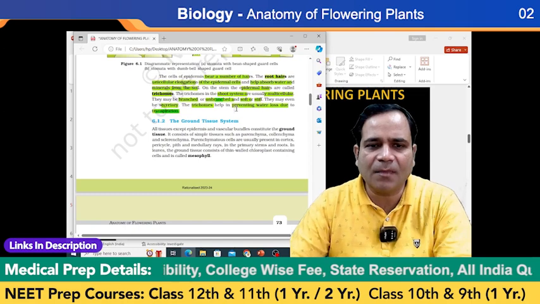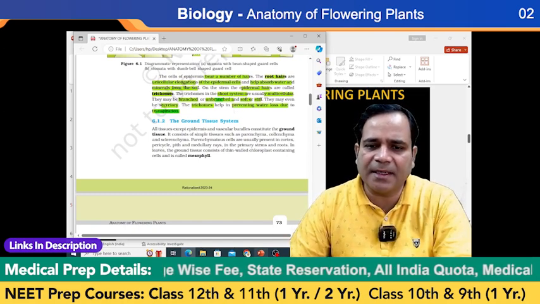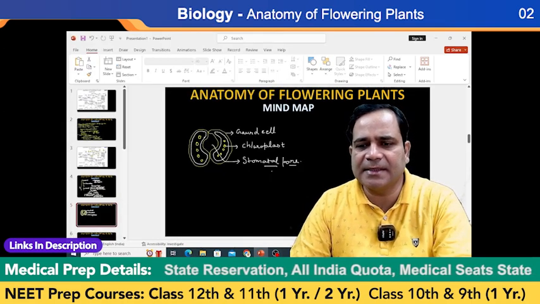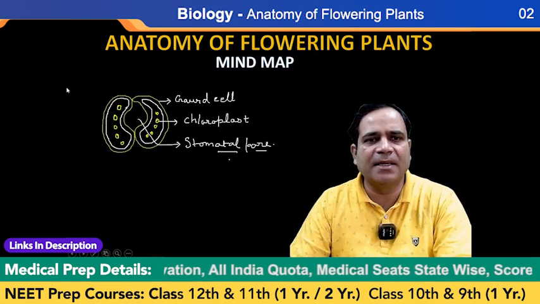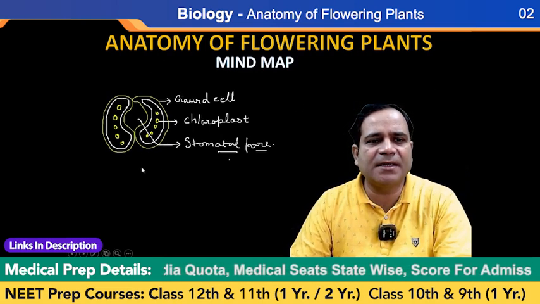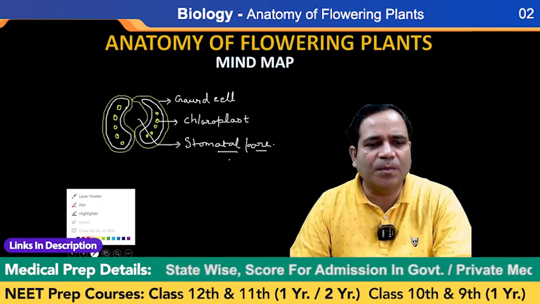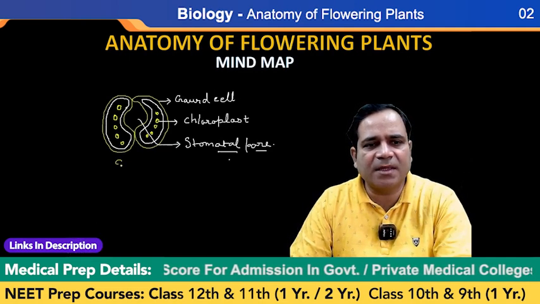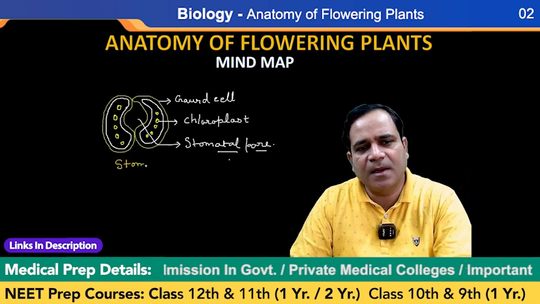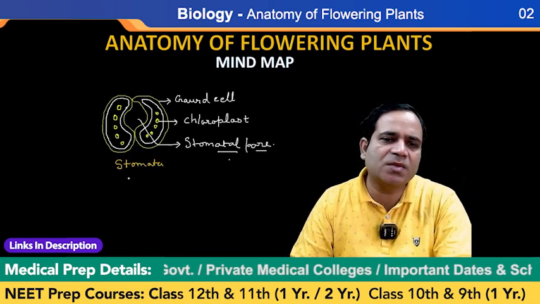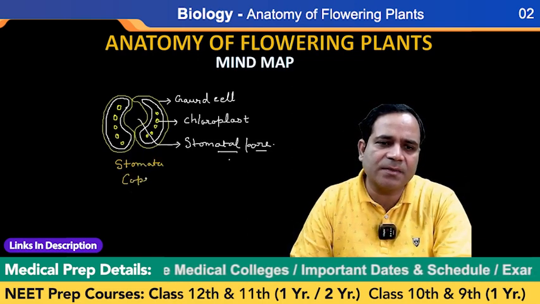Okay. Now come to the point. This one is the anatomy of flowering plants, and this is the diagram of what? Stomatal opening. This one is stomata. Which one is stomata here? This one is open. This one is open.